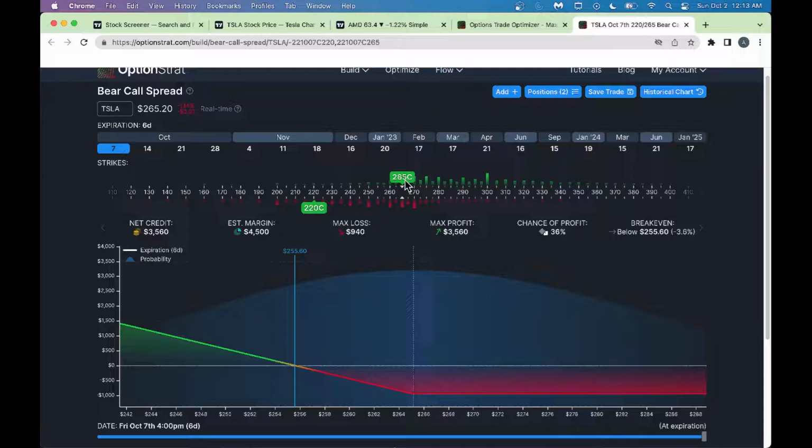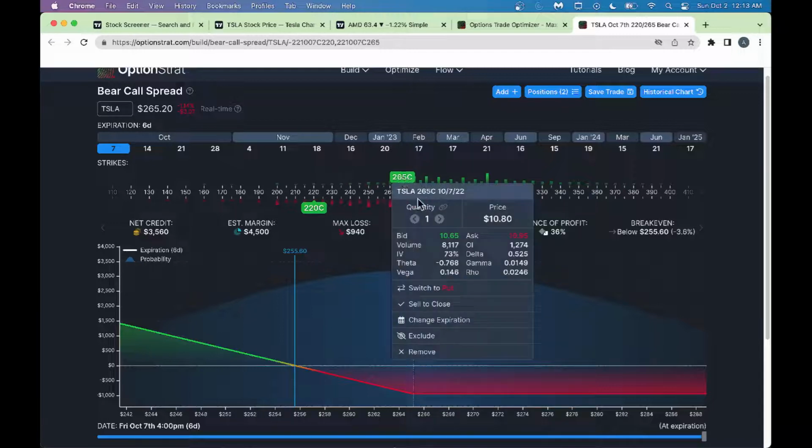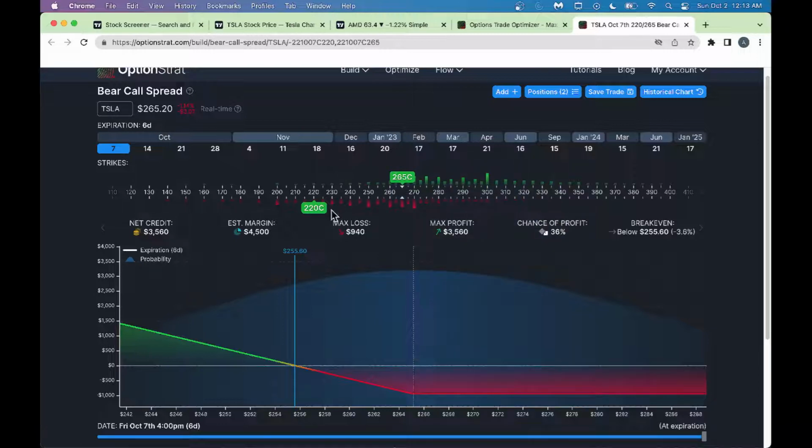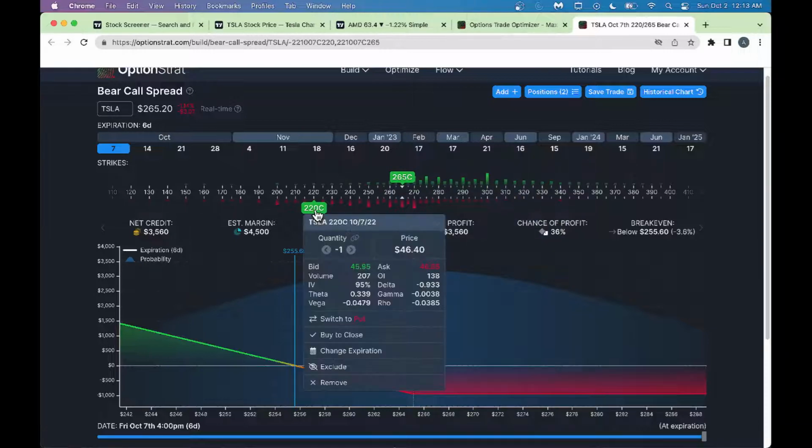You buy the 265 call, and look, you're actually selling a 220 call. That's what it is suggesting. If you're bearish, you could sell this 220 here, and you could buy 265.